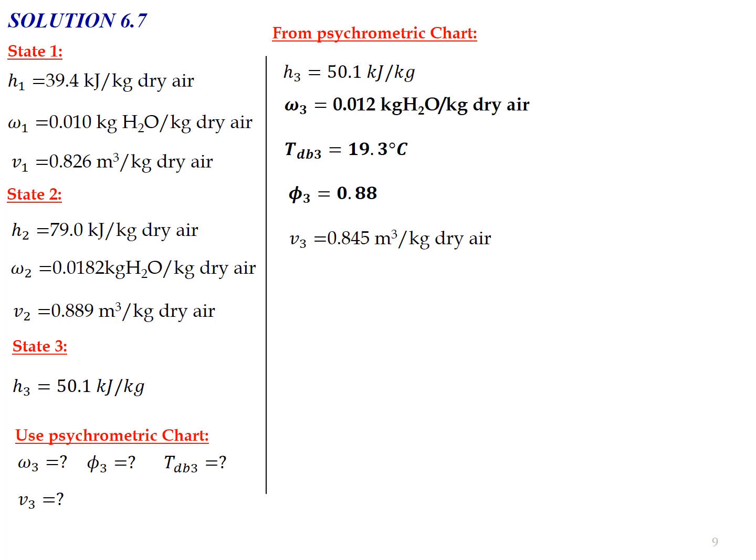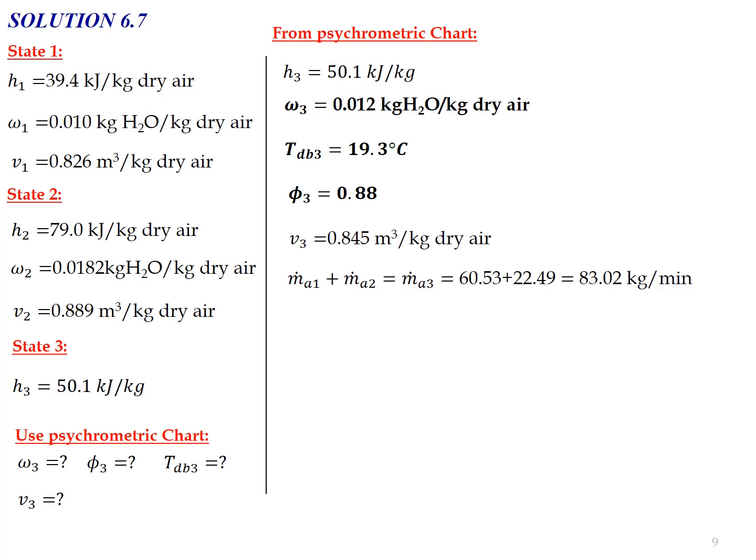So from the question, we have answered three questions out of four. We already obtained the omega, dry bulb temperature, and also relative humidity. The last one, we need to determine the volume flow rate for state number 3. So we need to use the value of specific volume that we obtained from the psychrometric chart.